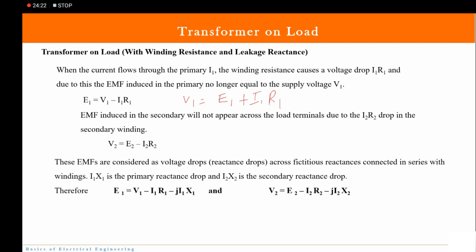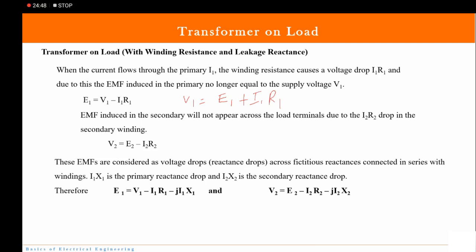This was when only winding resistance was considered. Now we are considering fictitious reactance also due to leakage, right? So here we get an additional term, which is minus jX1 into I1. Remember, this is a reactance, so it is going to be imaginary, so minus will come, and the voltage drop will be I1 X1.